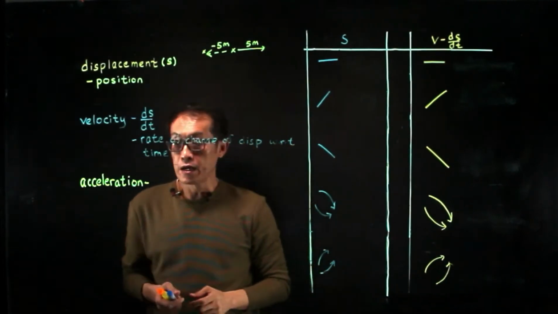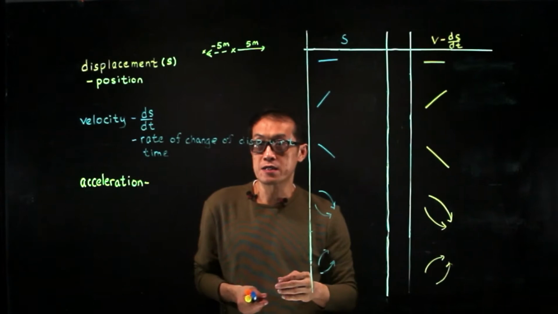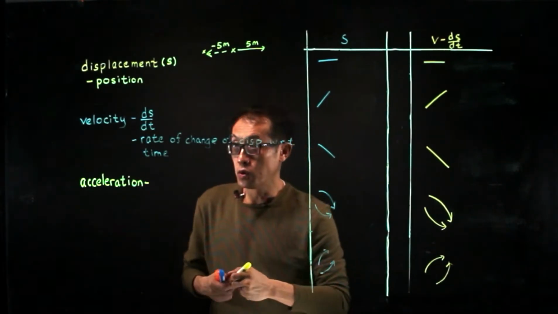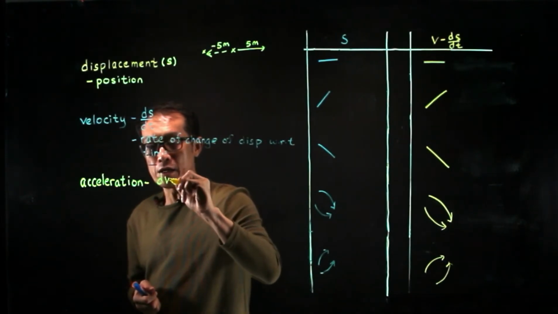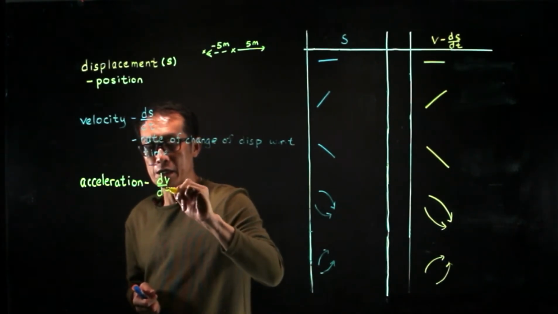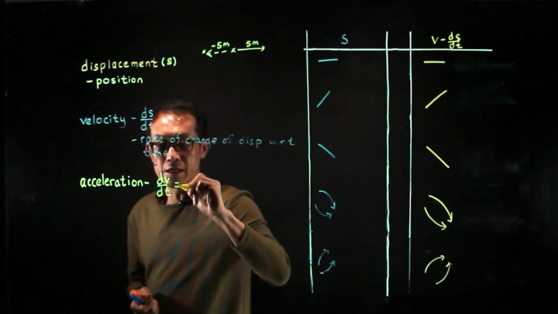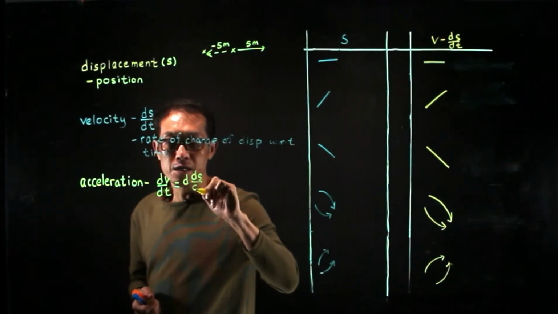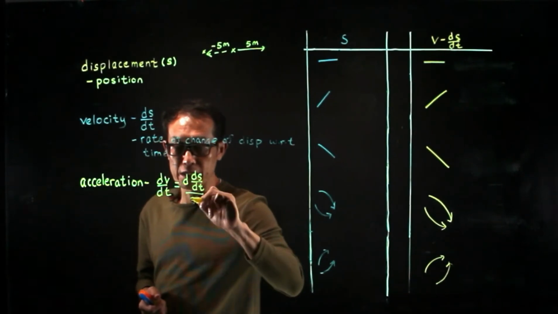Now what is acceleration? Acceleration is the rate of change of velocity. So mathematically it is dv by dt. Now if v is ds by dt, then you substitute inside: it is the rate of change of the rate of change of displacement.